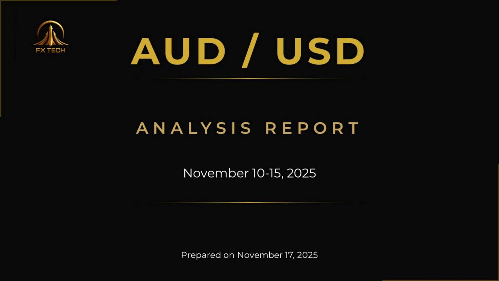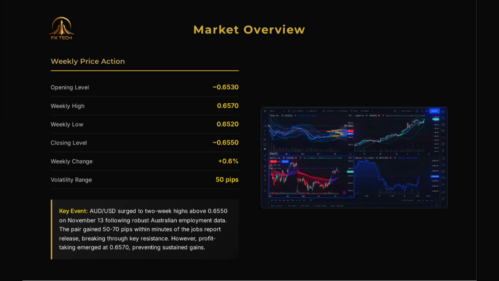The November 10 to 15th period was characterized by strong Australian economic data, conflicting with global uncertainty. Australian employment figures dramatically exceeded expectations, with 42,200 jobs added versus the 20,000 forecast.